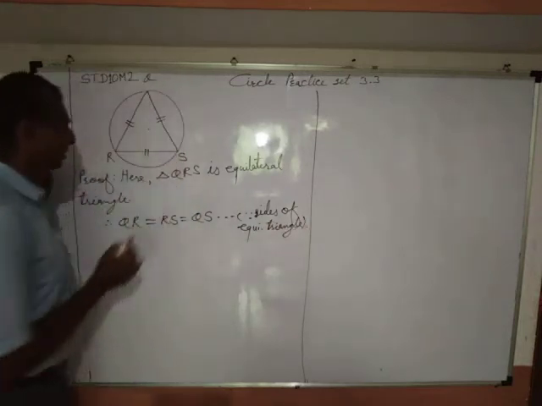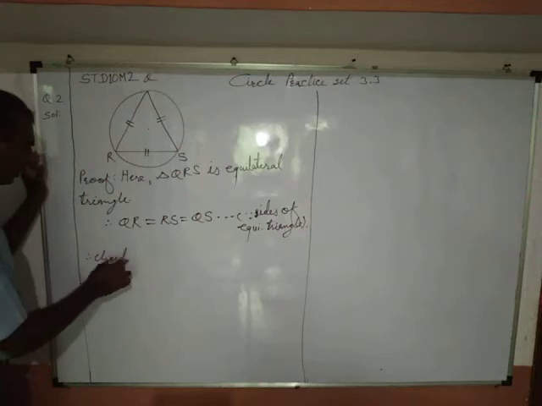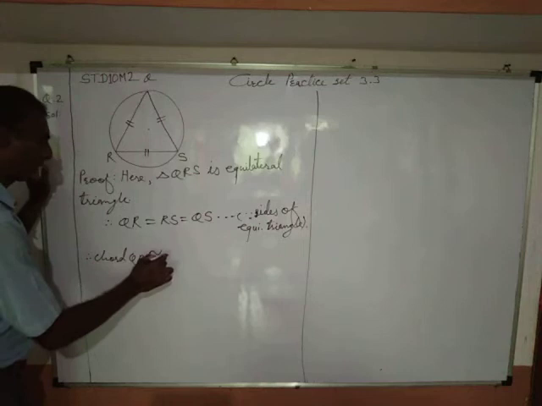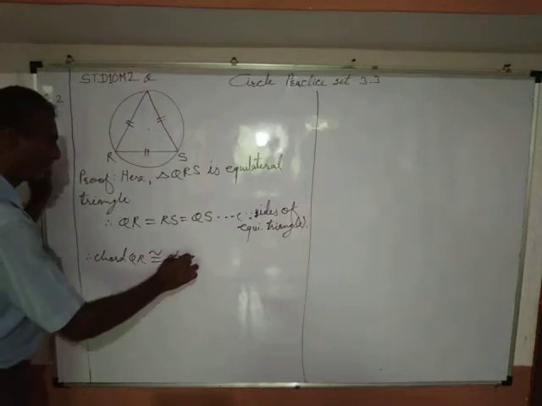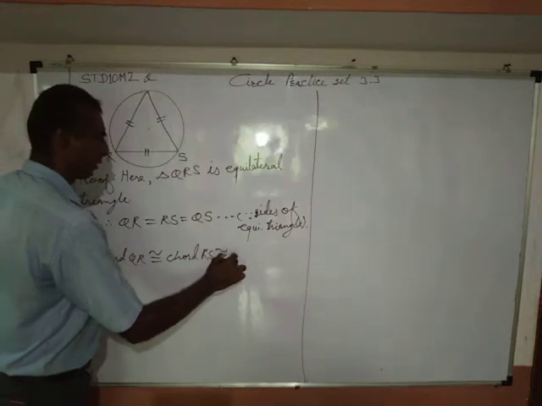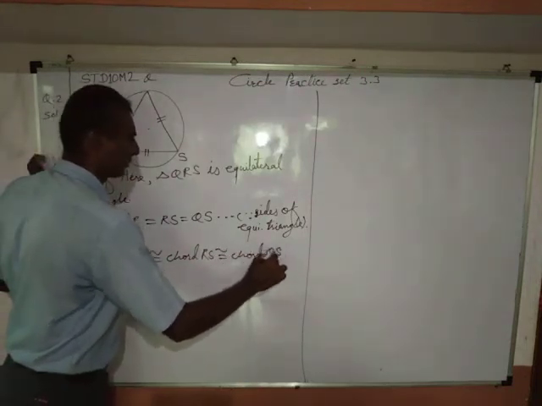But these are chords of a circle, that's why let's mention here, therefore chord QR congruent chord RS congruent chord QS.